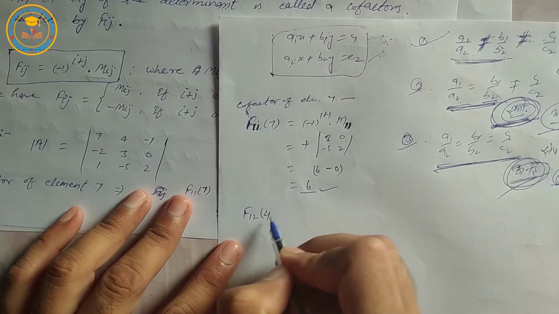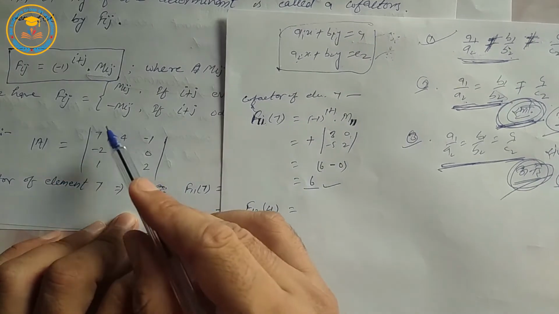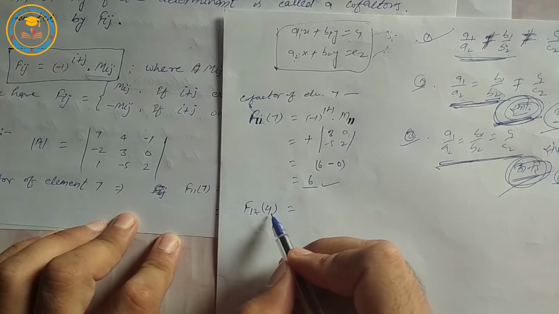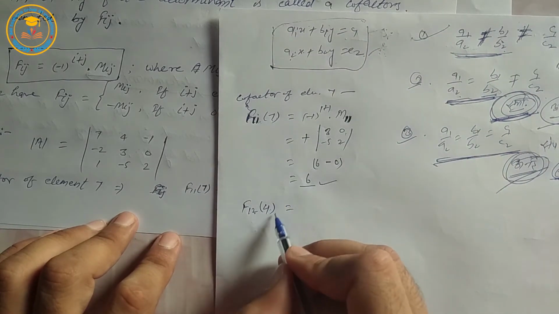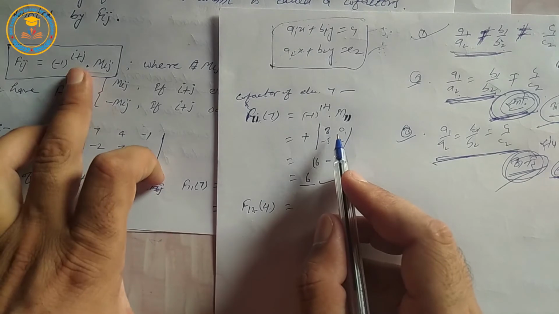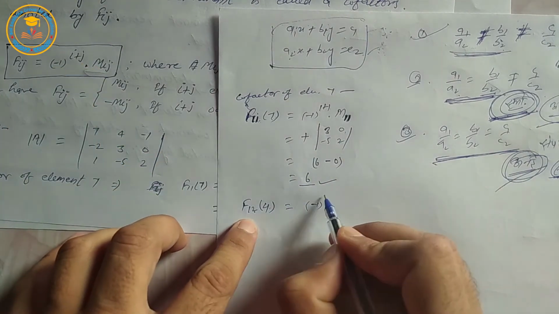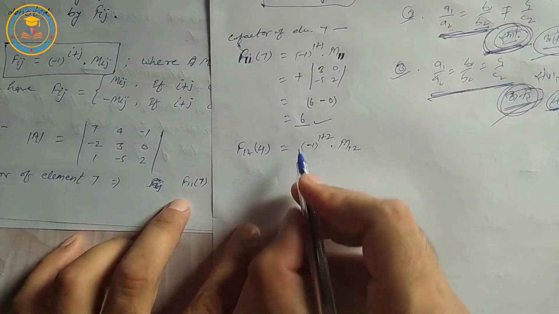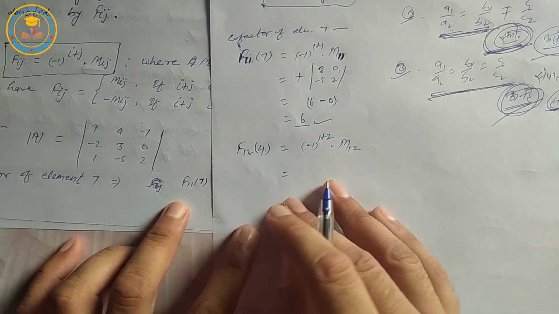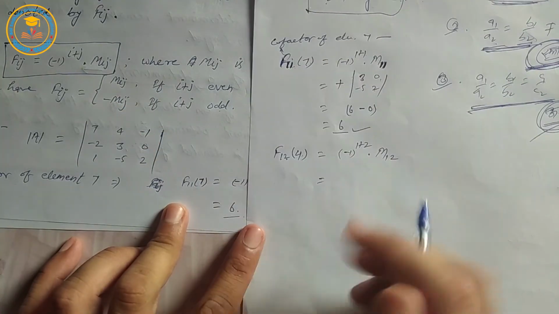F12 over 4, first row second column. Position of element 4 is 1 2. F means cofactor. Cofactor of element 4 is given by the formula (-1) to the power i+j, that is 1 plus 2, times M12. 1 plus 2 is 3, an odd number, it means minus.